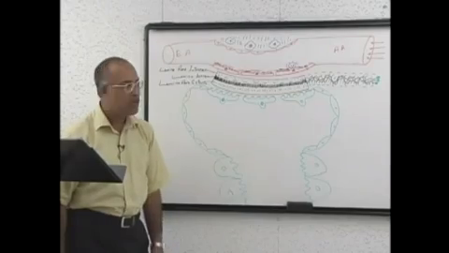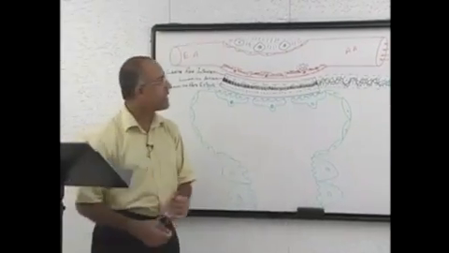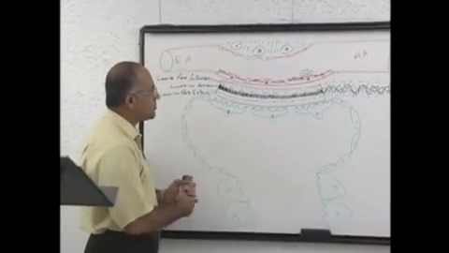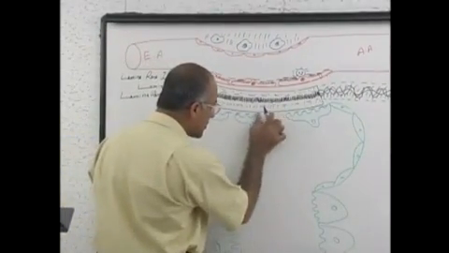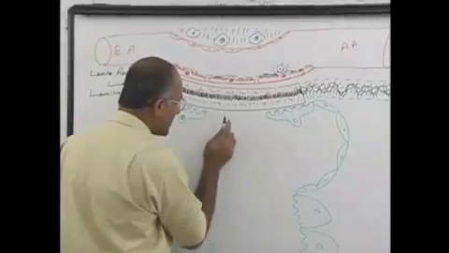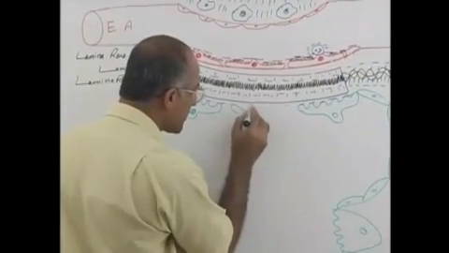Is that right? Once you have understood this, then another point about these epithelial cells. It is very important to know that when these epithelial cells are healthy, they have foot processes.